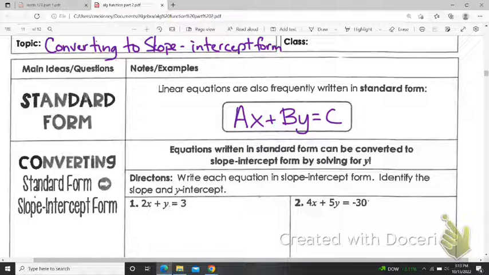So, reminder that slope-intercept form is y is equal to mx plus b, where m and b are numbers. And so if we can solve for y, think back to our literal equations, then we have it in slope-intercept form. So we are going to need to move the x.